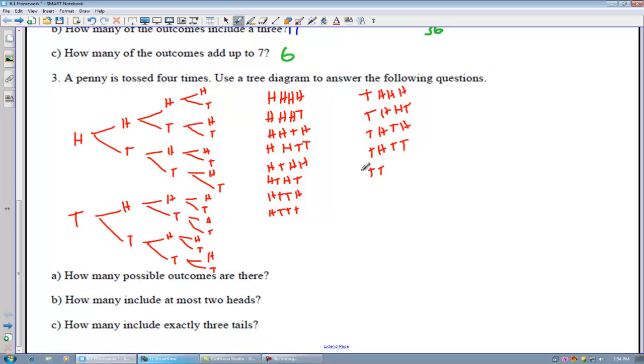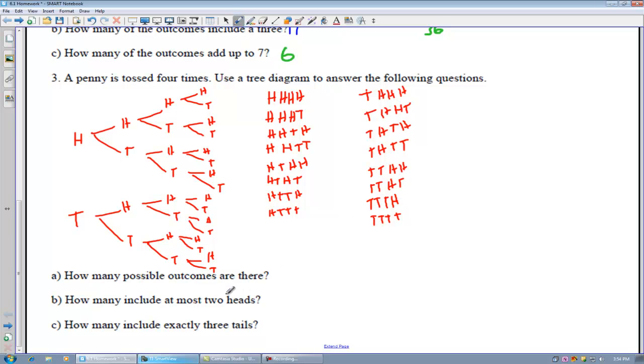And finally, tails, tails, heads, heads, tails, tails, heads, tails, and then two more. Tails, tails, tails, heads. And finally, tails, tails, tails, tails. And there should be 8 of these. So 1, 2, 3, 4, 5, 6, 7, 8.